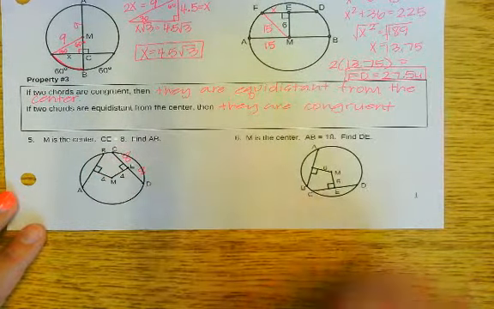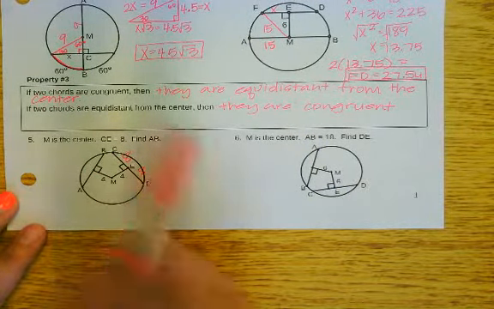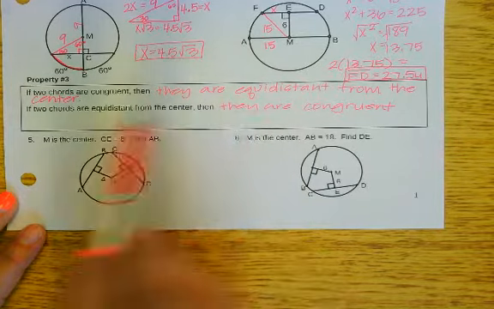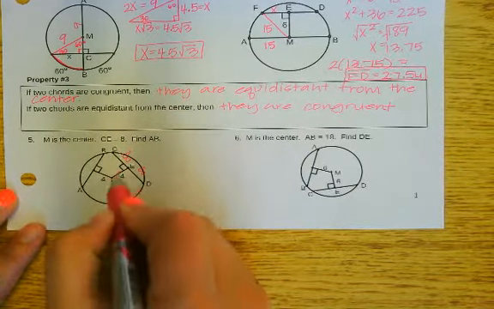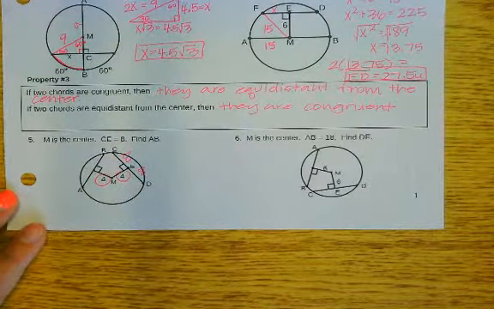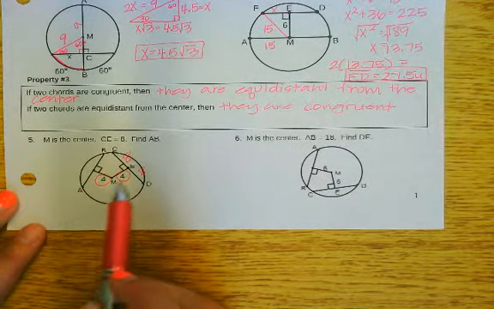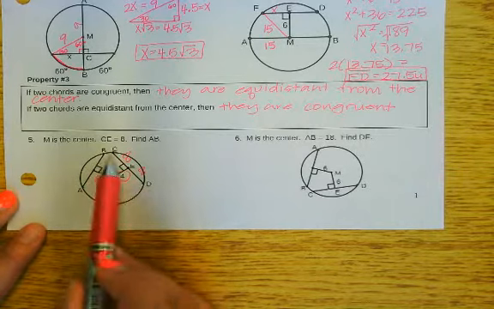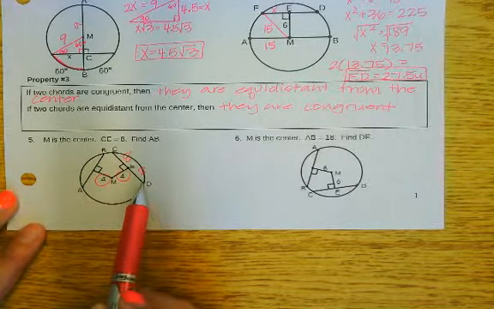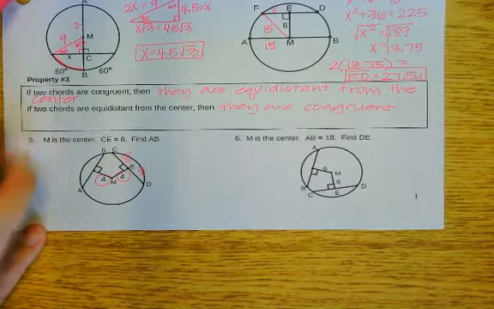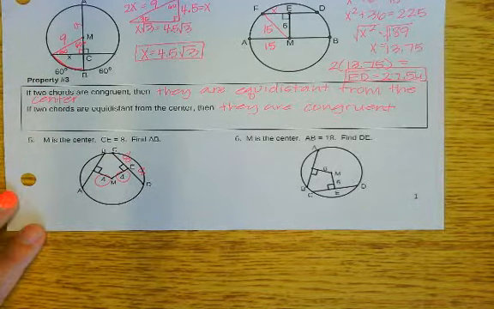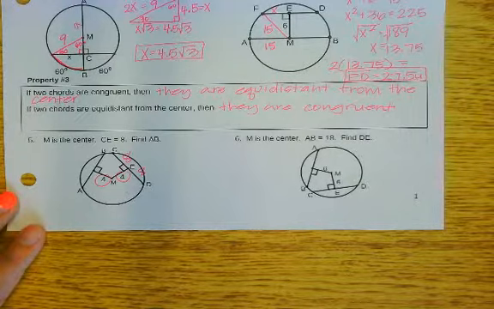However, our new property says that if they're equidistant from the center, which is where these 4s come in, that's why AB is congruent to CD. But you had to use property 2 in order to get CD, so that CE is equal to ED because of the second property.